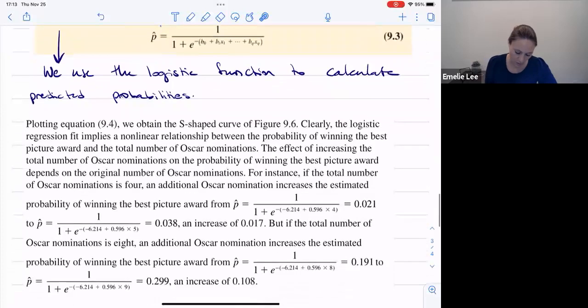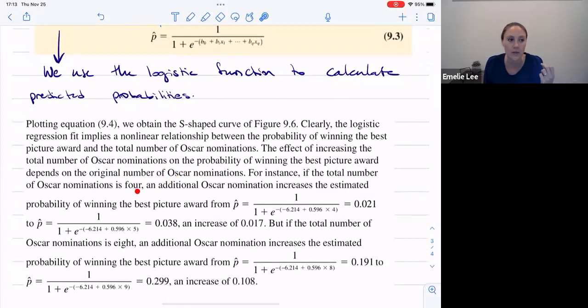So the effect of increasing the total number of Oscar nominations, which in our case is the x, on the probability of winning the Best Picture award depends on the original number of Oscar nominations. So what is the benefit of 1 additional Oscar nomination if we started at 4, for example?